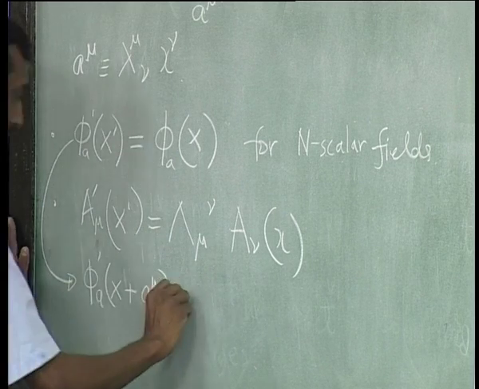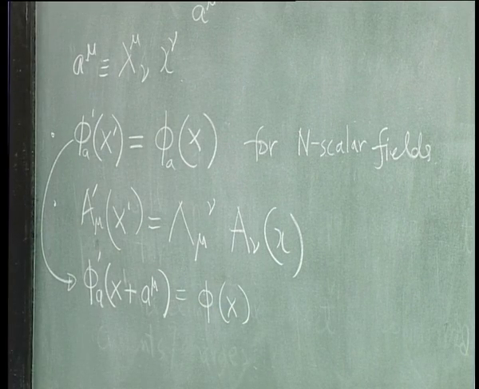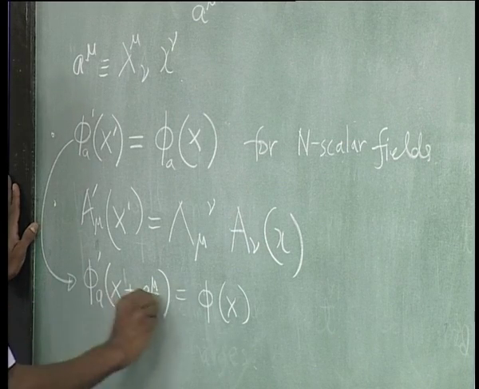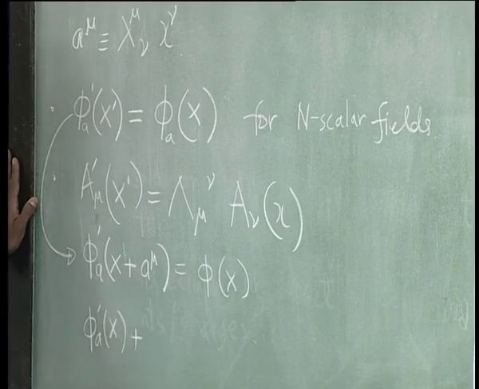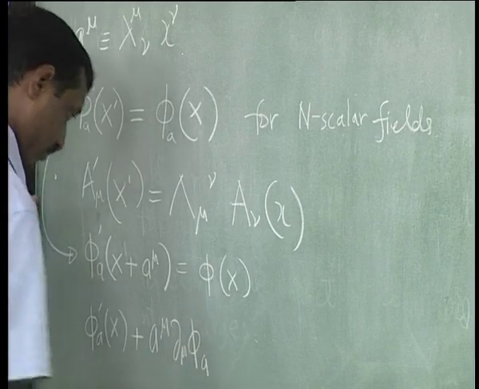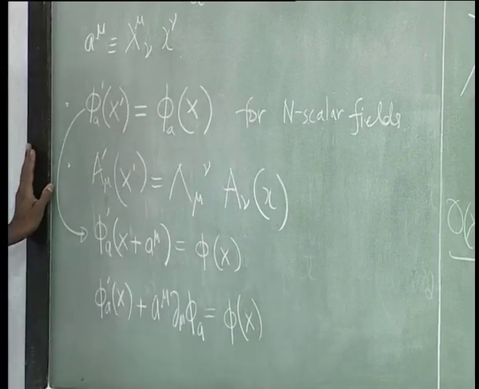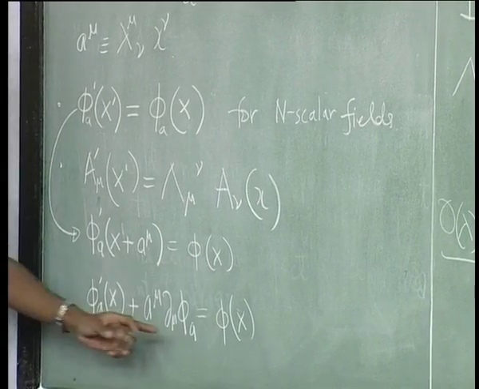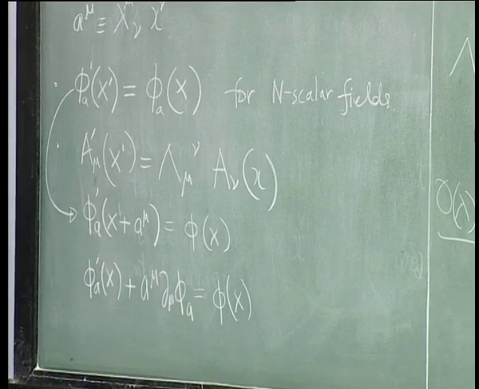This should be equal to phi of x. Is that clear? Okay. So, now if we expand things, I have just expanded this to first order in A, but really first order in that formal parameter.